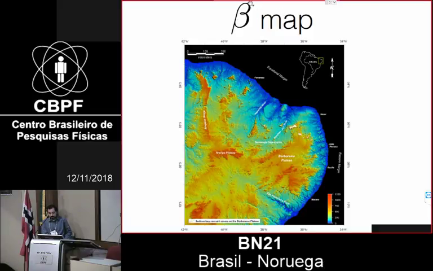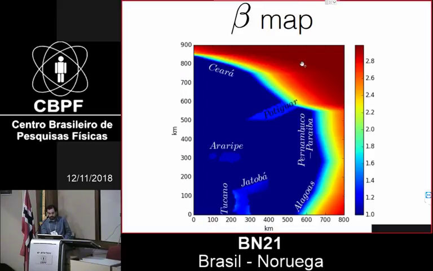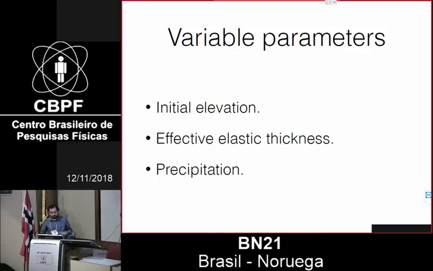The larger the beta, the higher the magnitude of stretching of the lithosphere. Here is the model where I considered the divergent margin, the Potiguar Basin, the Araripe, Jatobá, and Tucano. It's a simplified model. I studied different parameters, for example, initial elevation, effective elastic thickness, and precipitation, which will control the rate of erosion.